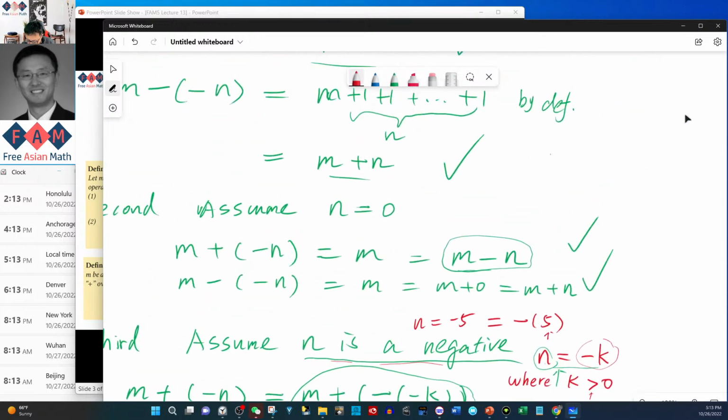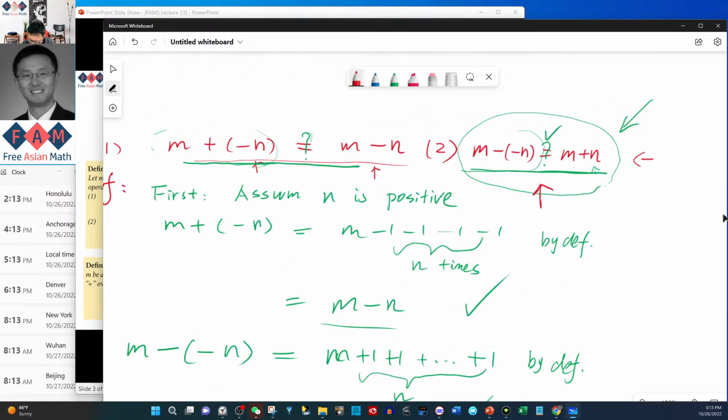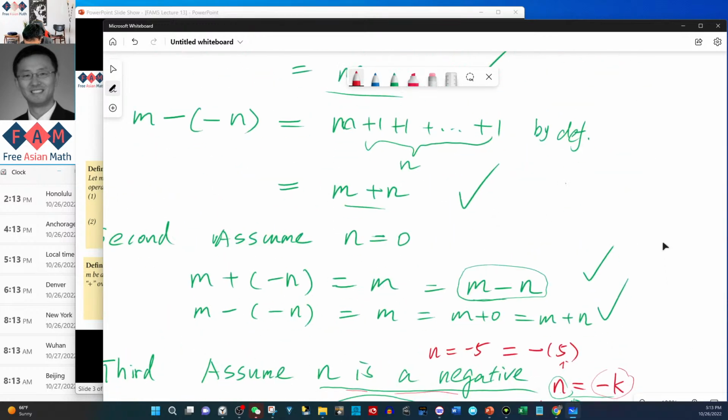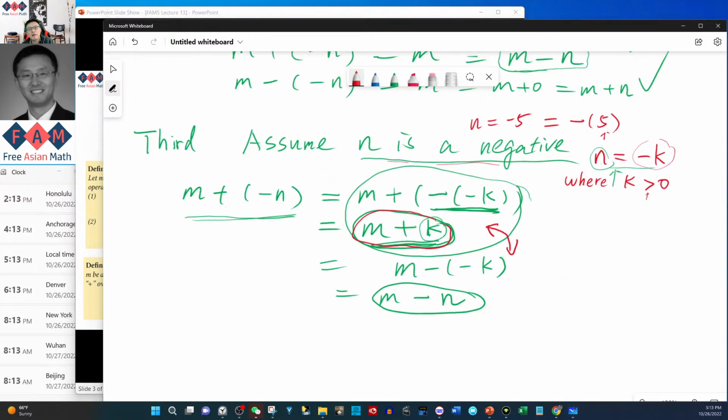It's right here. Didn't we just prove this for the case where n is positive? Yes, we just did that, and that's true by definition. So therefore, we are using our earlier result in the proof for this later portion of the proof. Therefore, this is nothing but m minus n. So once again, we prove our first portion for the third case.